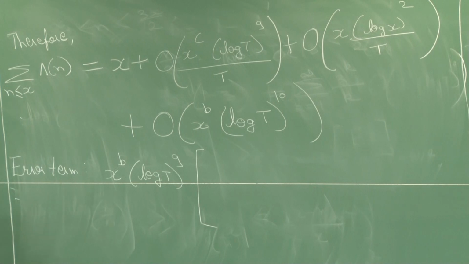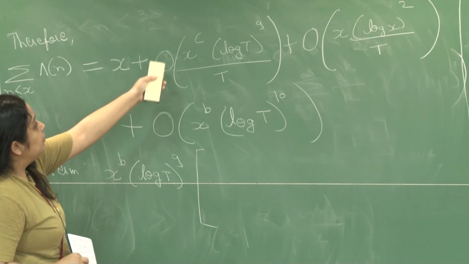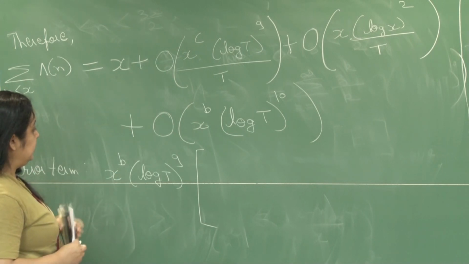So, what do we have? We have first of all x raised to the c minus b.